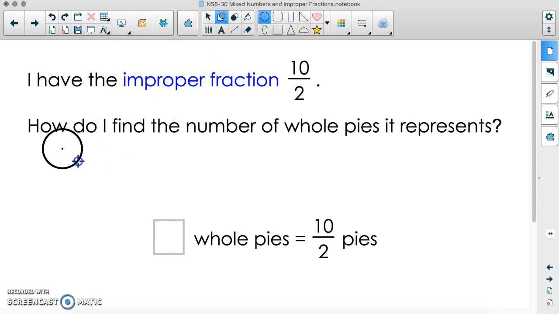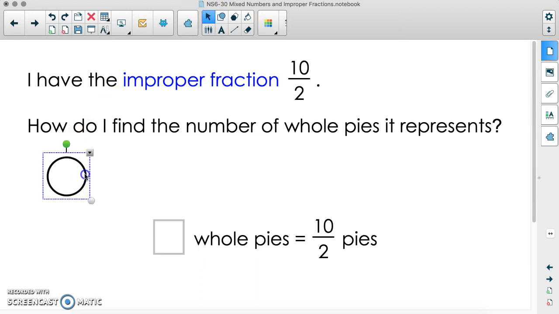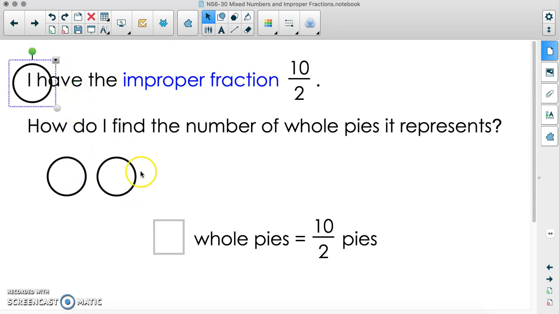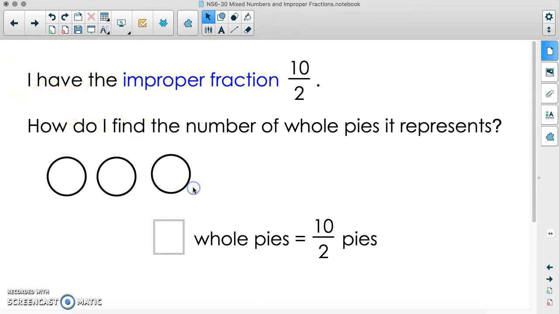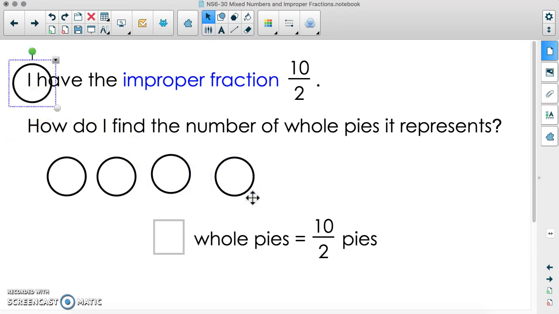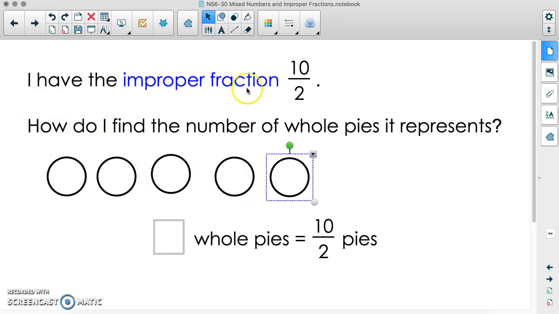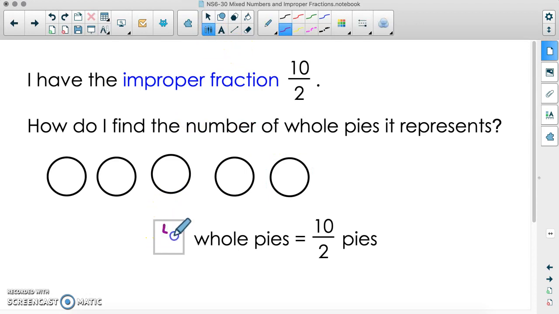So if this is my pie, and I divide it into half, that's 2. I can copy it. That would be 4 pieces. Then I would have 6 pieces, 8, 10. So this would show me that I have 5 whole pies.